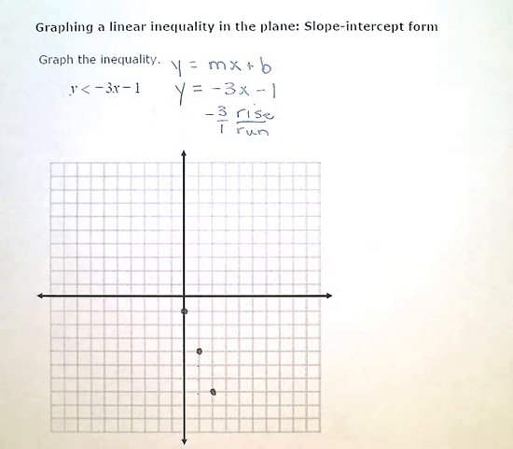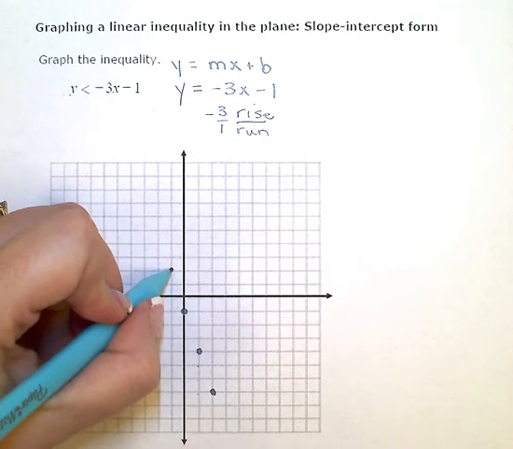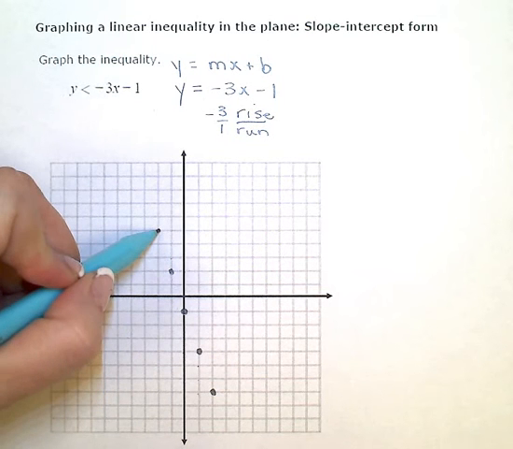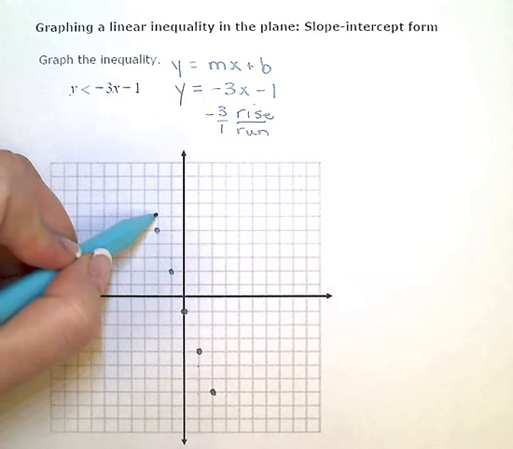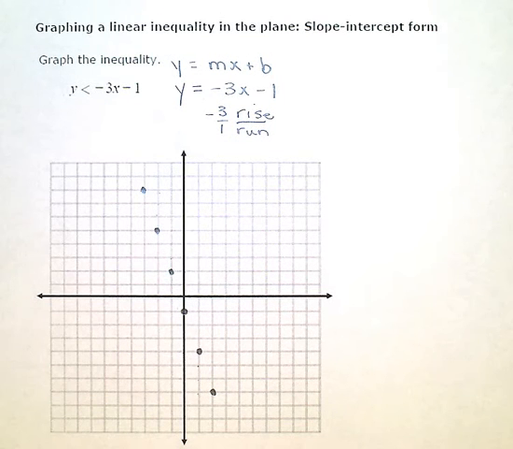So instead of down 3 over 1, I'll go up 3, back 1. Up 3, back 1, to give myself a few points in this other direction.